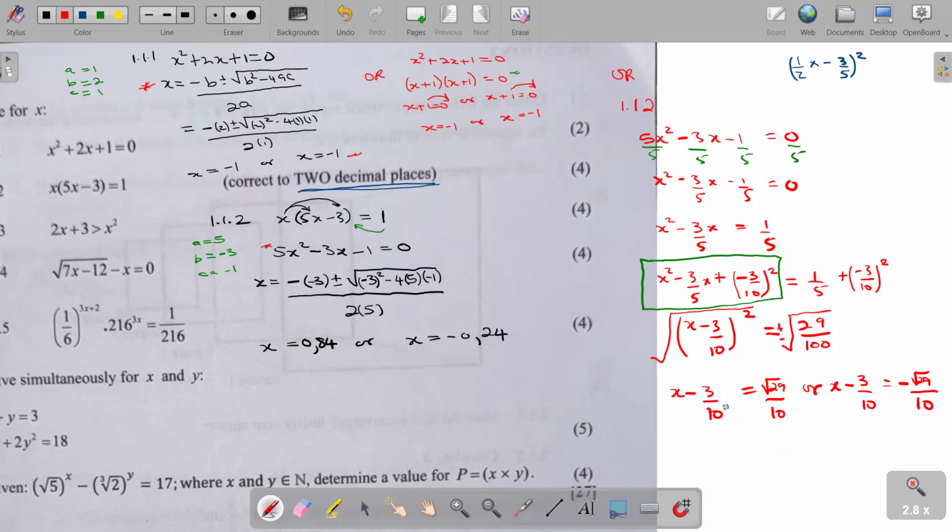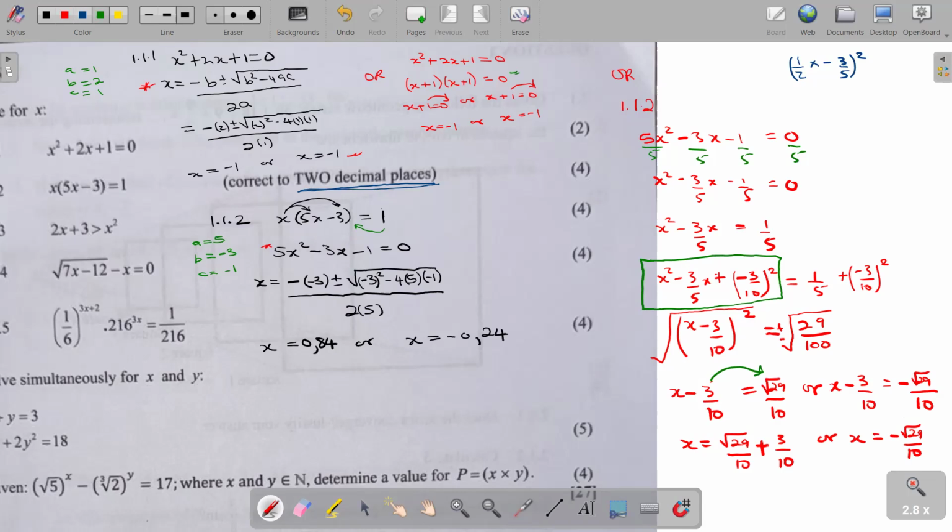Then from there, we take this to the other side. So our x is equal to root 29 over 10. Take this one to the other side, to change the sign to positive. So plus 3 over 10, or the x is equal to negative root 29 over 10.